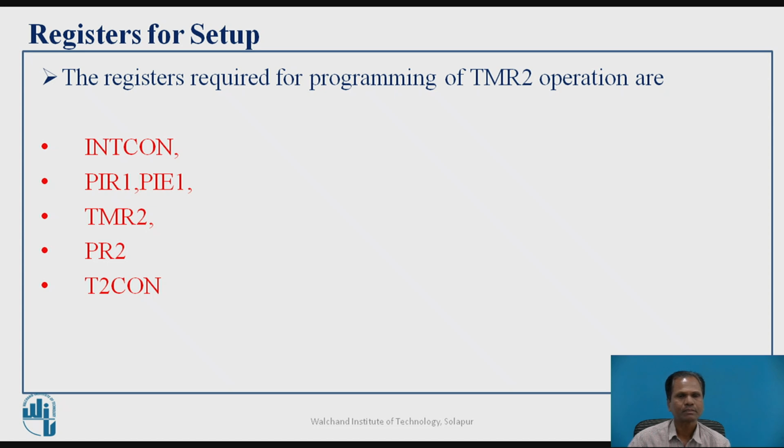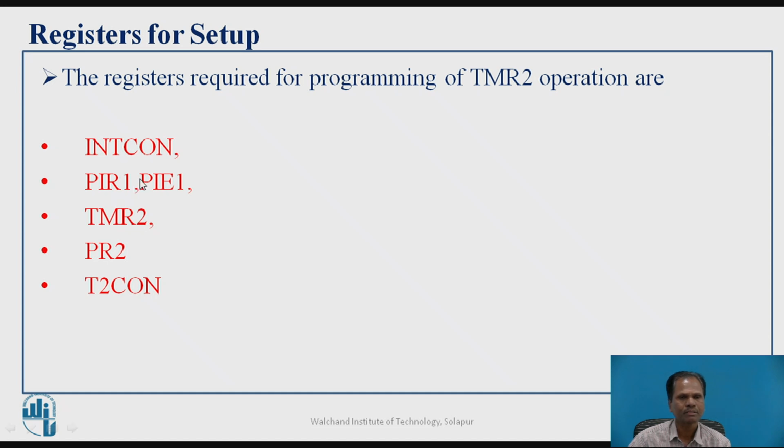Now these are the registers used for programming of timer 2. INTCON, interrupt control register: to enable the global interrupt enable bit and peripheral interrupt enable bit, INTCON register is used. PIR1 register, in which the status of timer output, TMR2IF, is stored.